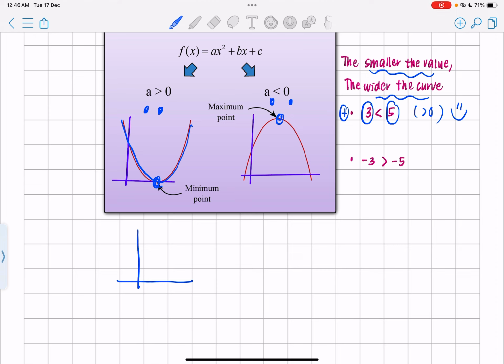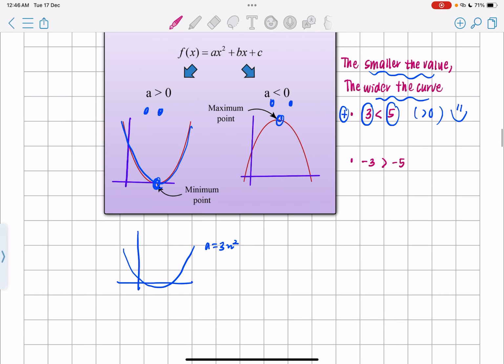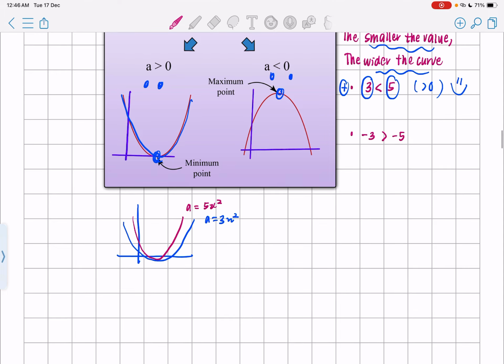So, bila smiley, I'm going to have 3 like this. This is A equal to 3. But, okay, when I have 5, it's my A much bigger, but the curve much smaller lah. Okay, so you kena ingat benda tu.